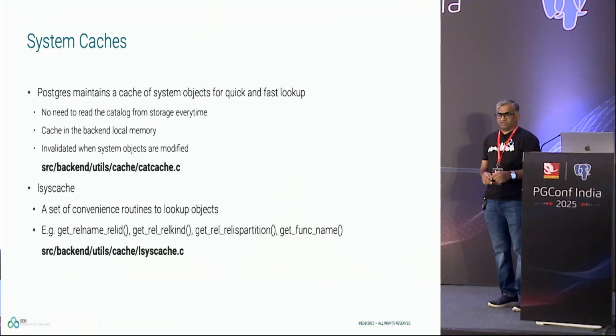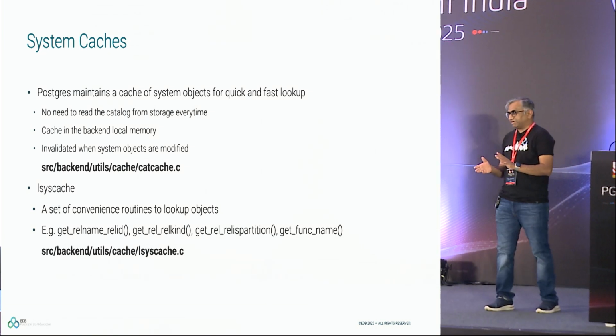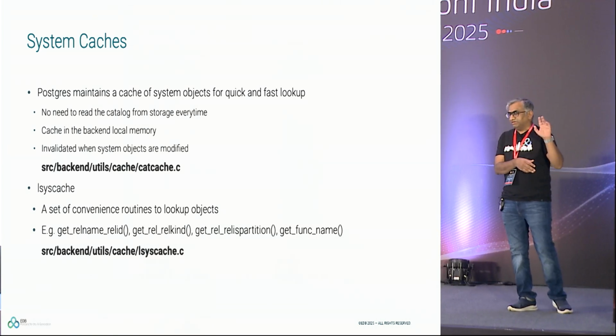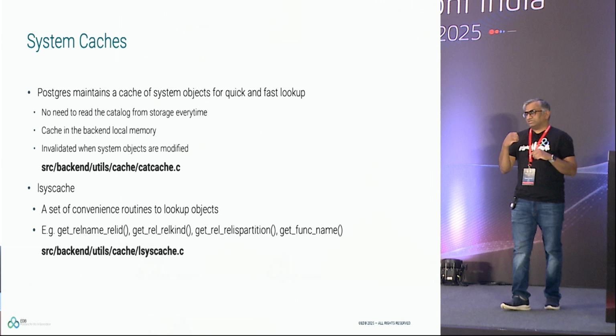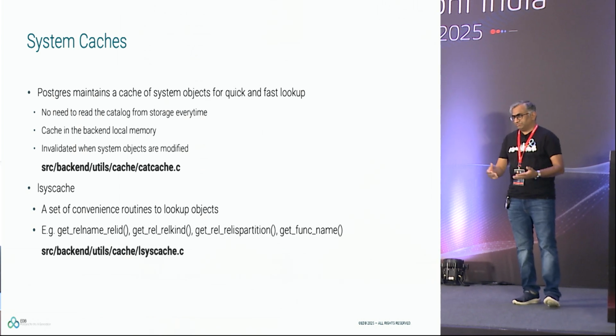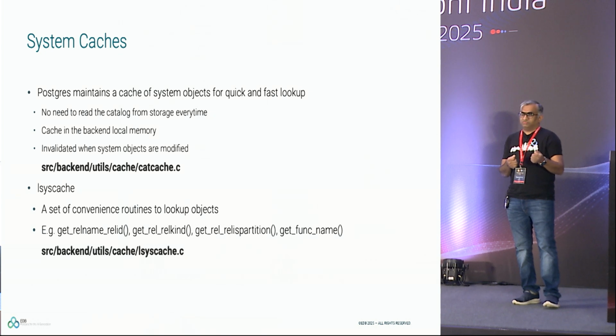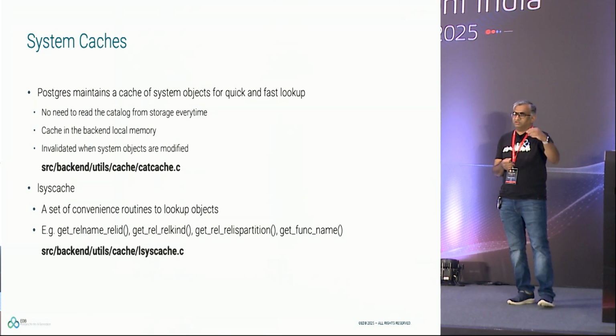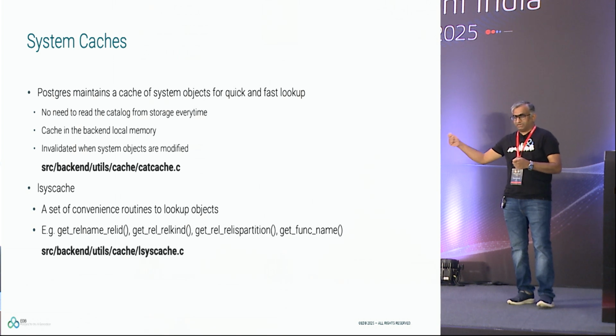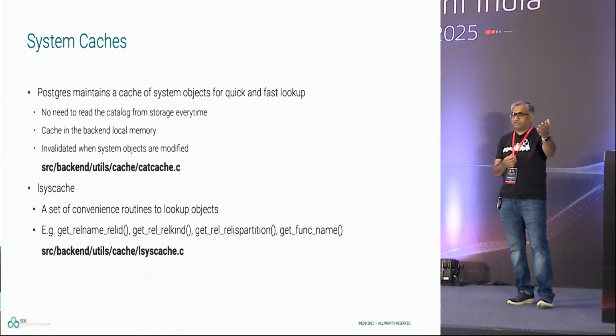Postgres maintains a bunch of system caches, like we talked about cache memory, because if you are writing a program or making a change, often you would want to open the table, or you want to know if a namespace with this name exists, or what the partitions are for a given table.